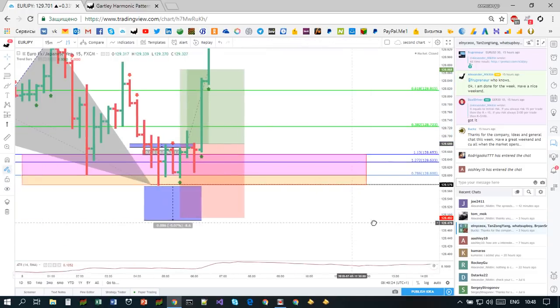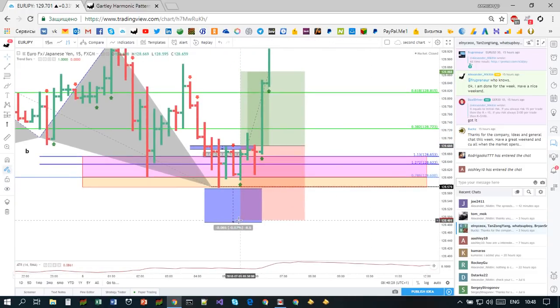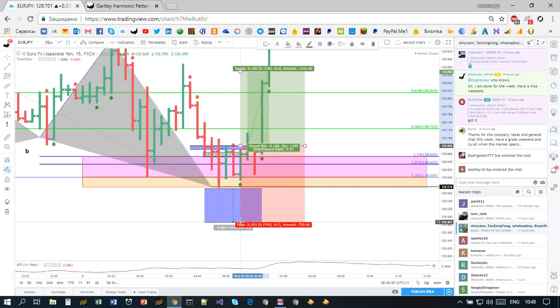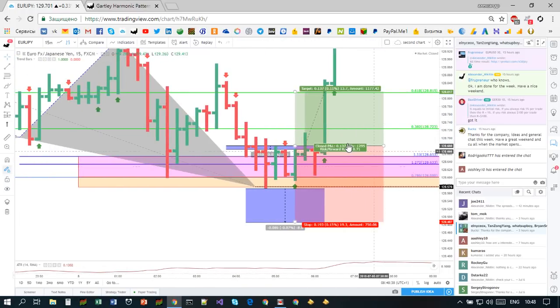Let us stretch it this way. So this is the stop loss, 1 ATR below, yes? This is the target, to 618, yes? Okay. In this case, we have an inverted risk reward, 0.71. It is not the best one, yes?